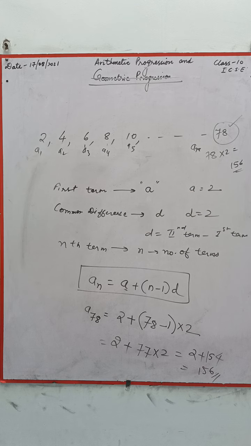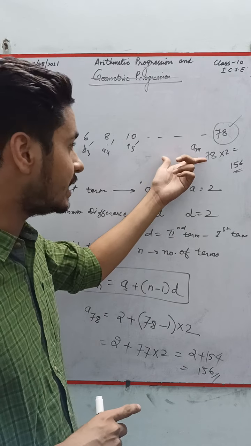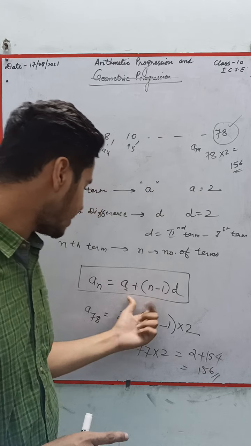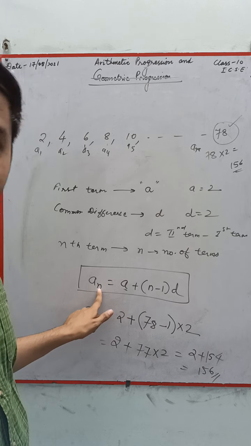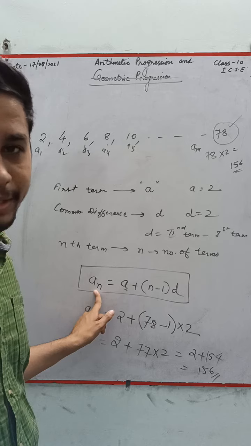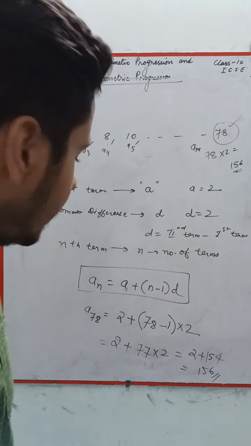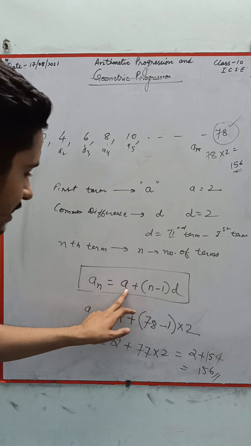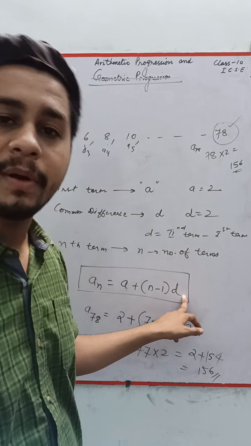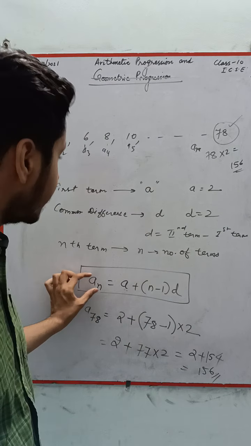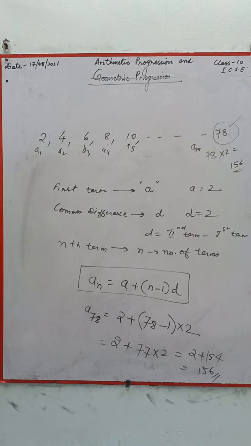So that is how you can get any term of the particular series with the help of this formula, which is an is equal to a plus n minus 1 into d, where this n is in the suffix. Here a is the first term, an is the term which we want, and d is the common difference. So to get any term, we must have the particular series. I hope this is clear to you.